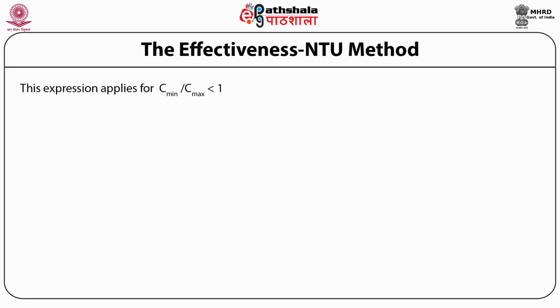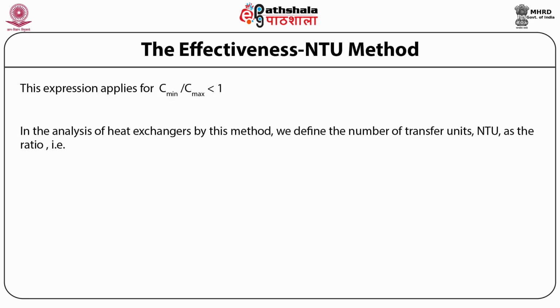So, this expression applies for C minimum by C maximum lesser than 1. So, here we express the effectiveness for both co-current flow and counter-current flow. In the analysis of heat exchangers by this method, we define the number of transfer units NTU as the ratio, that is NTU equal to UA divided by MCP minimum.